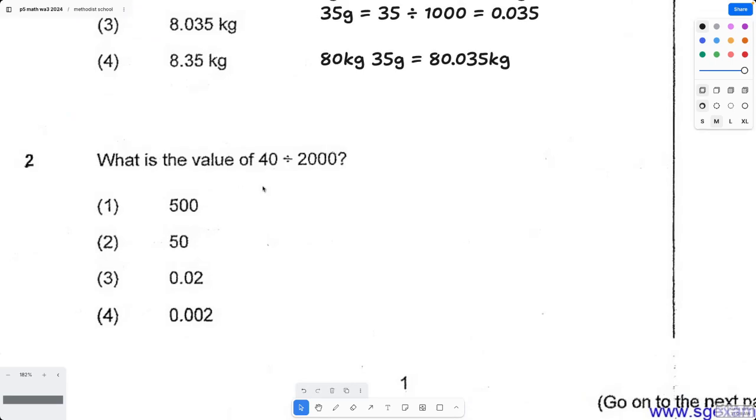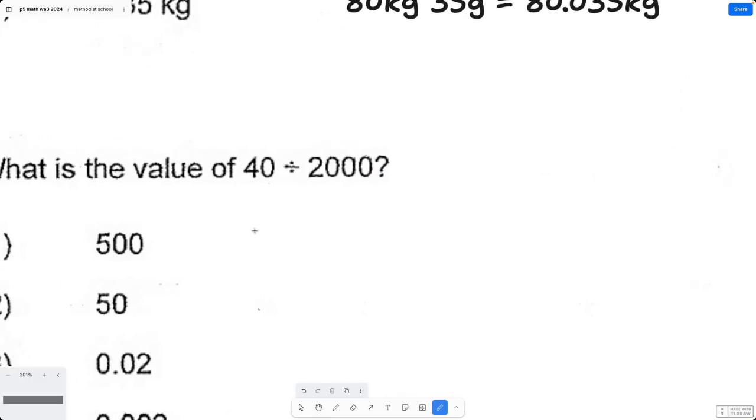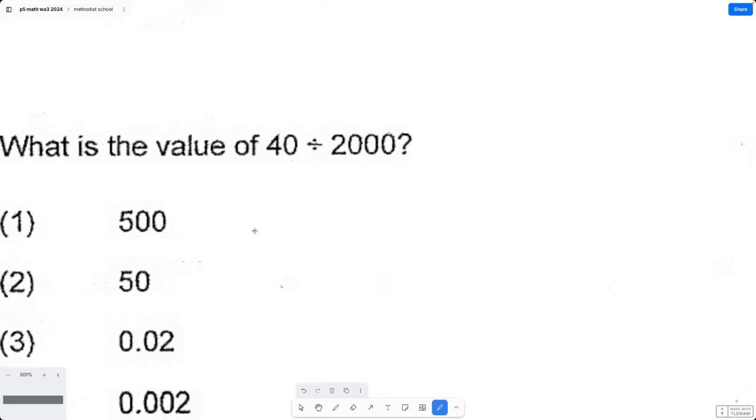Question 2. What is the value of 40 divided by 2,000? Not 20,000, 2,000. What we can do is cancel off the zeros. So I'm going to cancel the 0 over here, the 0 over here, and the 0 over here as well.